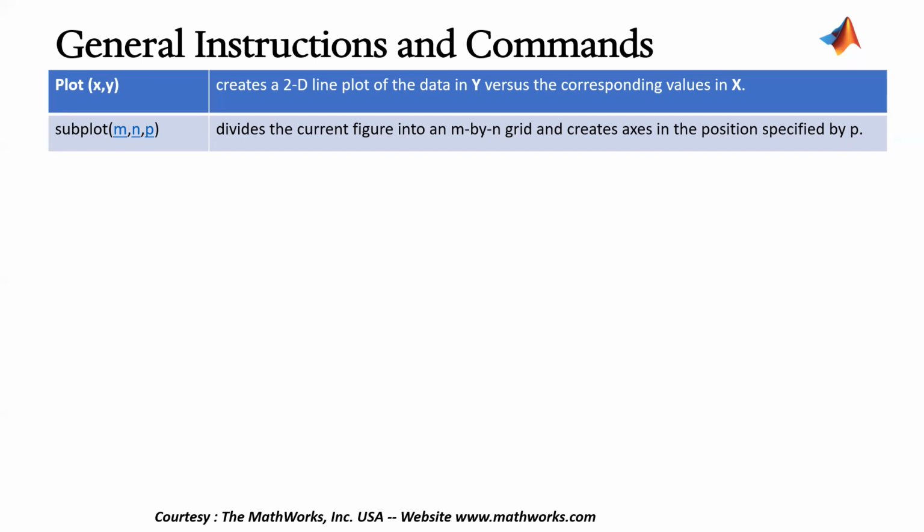Let me clear this once again. Subplot of 3, 1, 2 means a 3 by 1 grid, with the axes at position number 2. P represents the position here. Keep it in mind.